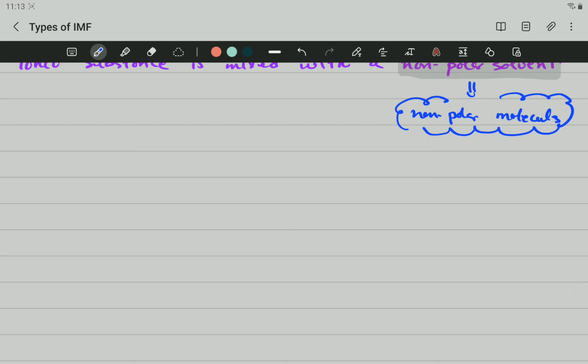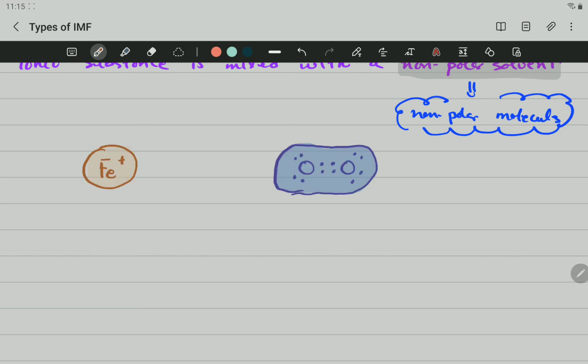For example, in the formation of iron oxide. So what is happening? You have an ion of iron which is positive. It's a positive ion, Fe 1 plus.